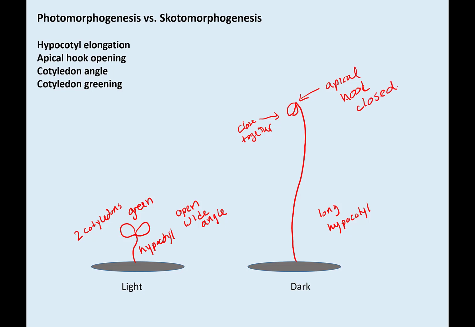And as we saw in the last picture, in the dark, you can't produce chlorophyll, so the cotyledons here are yellow. And they are yellow because you can produce carotenoids in the dark. They're another type of pigment, but you can't produce chlorophyll. Here they're green because you can produce chlorophyll. So that's the difference of photomorphogenesis in the light and skotomorphogenesis in the dark.